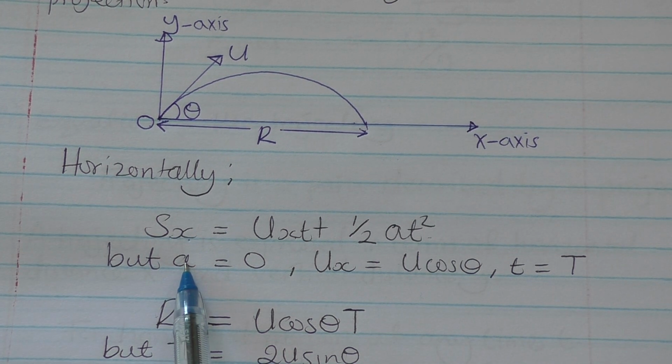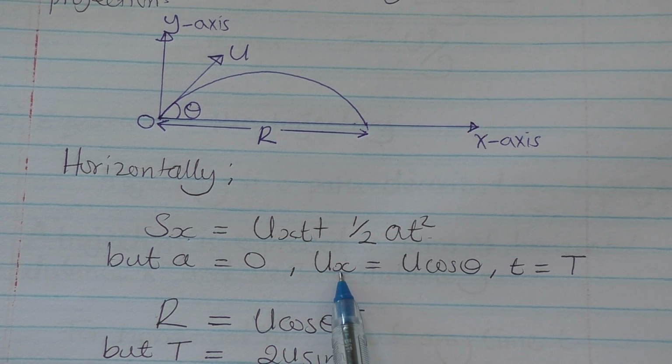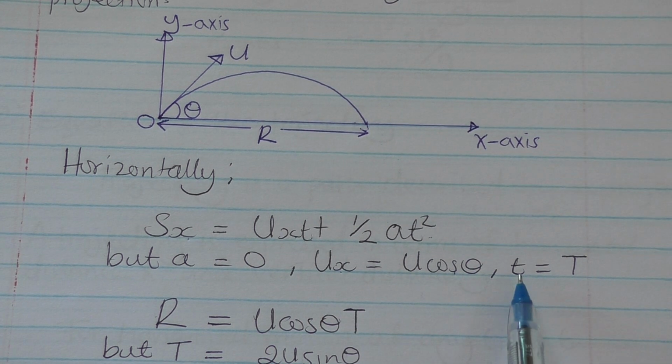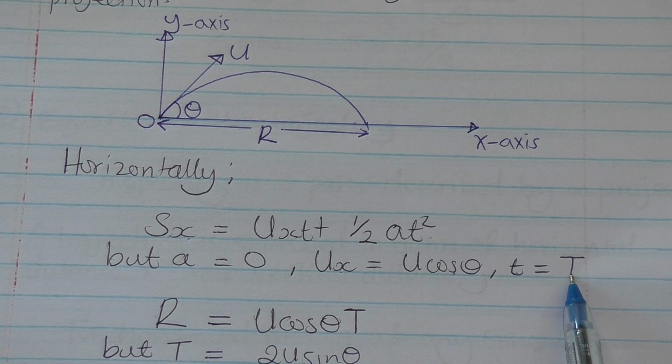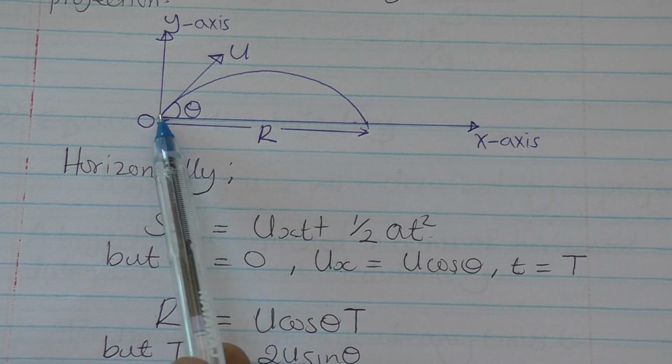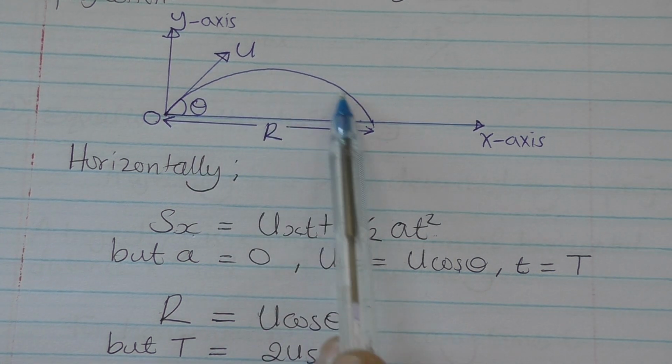But horizontally, acceleration is 0. And then the horizontal component of velocity is u cos theta, and the time we consider here is time of flight. Reason being, the body has landed.